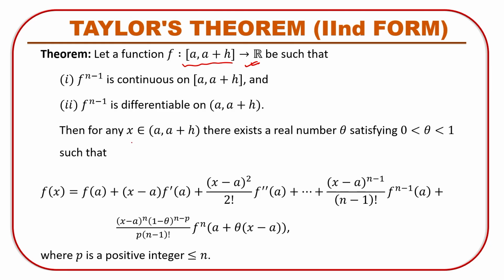Then for any x belonging to the open interval a to a plus h, there exists a real number theta, where theta lies between 0 and 1, such that f(x) can be written as f(a) plus (x minus a) f dash of a plus (x minus a) square by factorial 2 f double dash of a, and so on. And this is the last term, where p is a positive integer taken less than or equal to n, right.